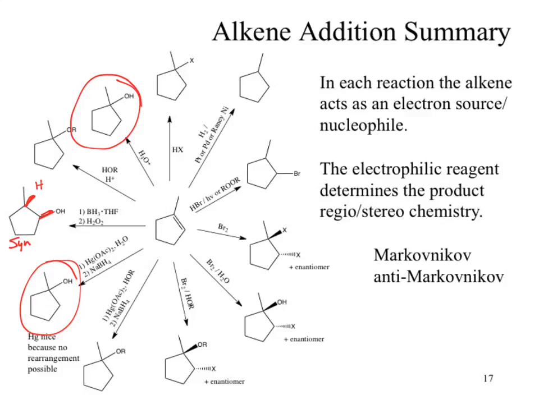What happens with the mercury? No carbocation. You get the mercuronium ion. There's no carbocation, which means no rearrangement. With the acid, you get a carbocation, and you can get a rearrangement. It doesn't always happen, but you can. So it again comes back to understanding those mechanisms. I kind of doubt you'd see that kind of nuance, but synthetically that's what you'd be thinking.